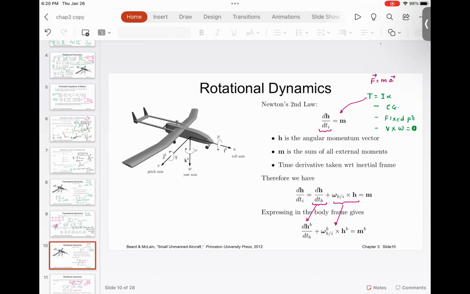There is another approach wherein, if you want and if you feel adventurous, you can take the moment at some arbitrary point over here. I'm going to call this point P. But if I take moment about point P, this equation is incorrect.